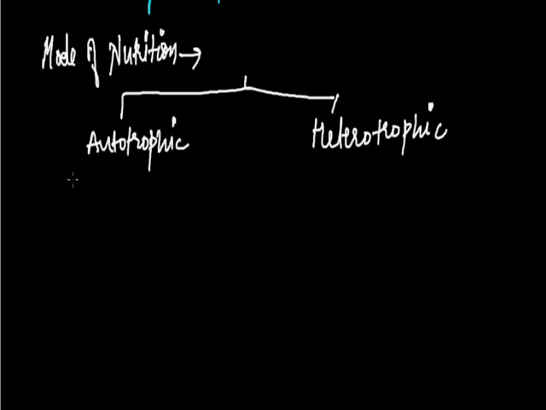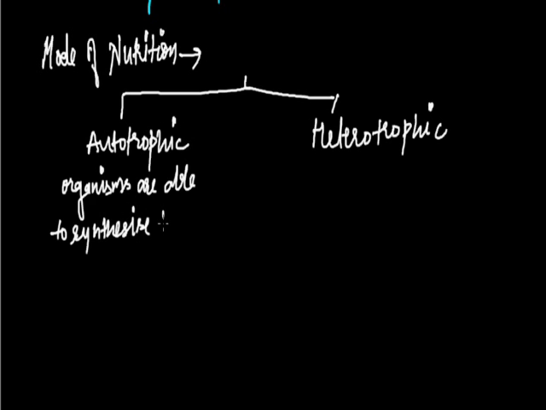In the autotrophic type of mode of nutrition, organisms are able to synthesize their own food, while in the heterotrophic type, organisms cannot synthesize their own food.